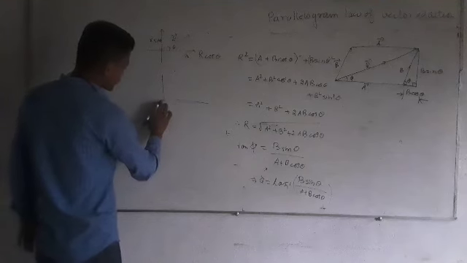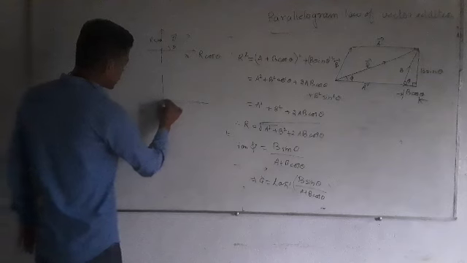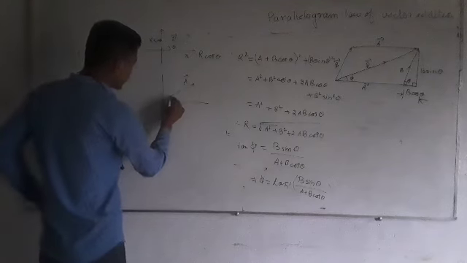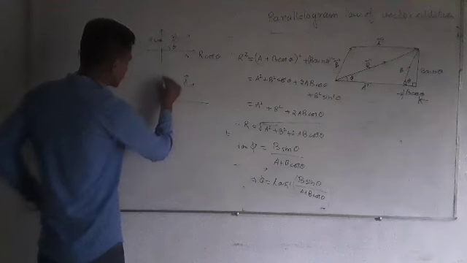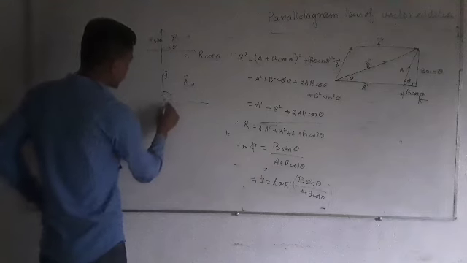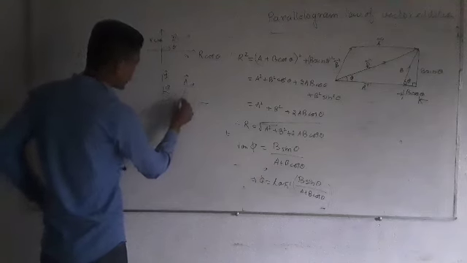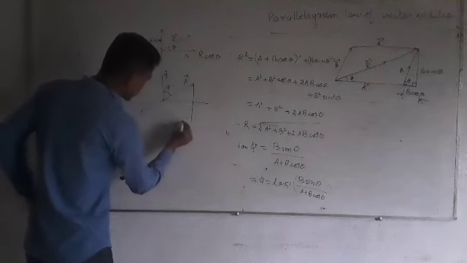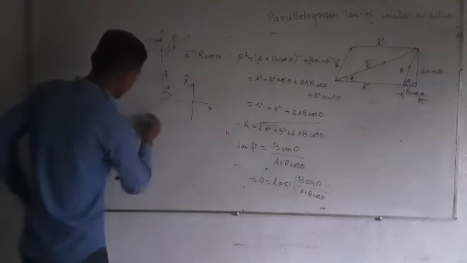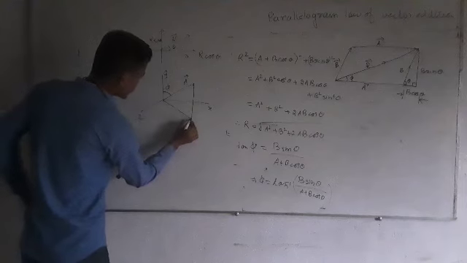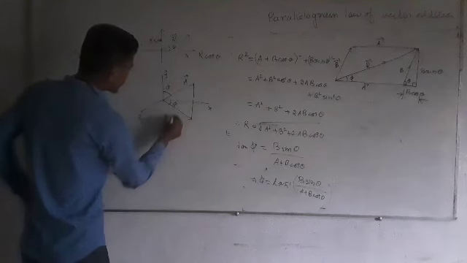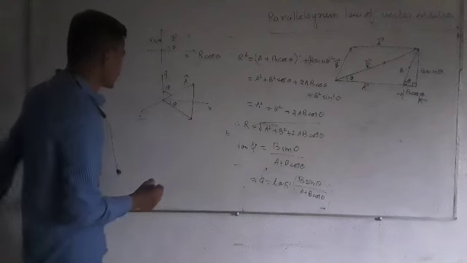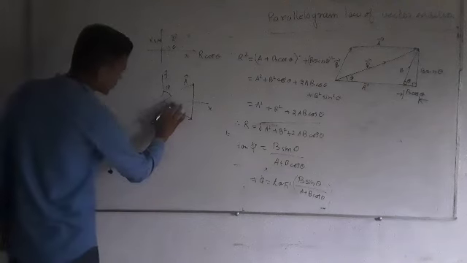If the vector is lying in three-dimensional space, then we have to take its components. So let's see. This is the vector A. The angle made by this A vector with the y-axis is phi, and the angle made by the projection of A vector on the xz plane with the x-axis is theta.